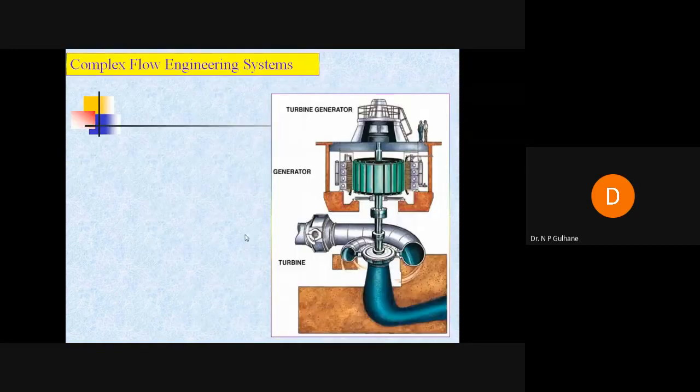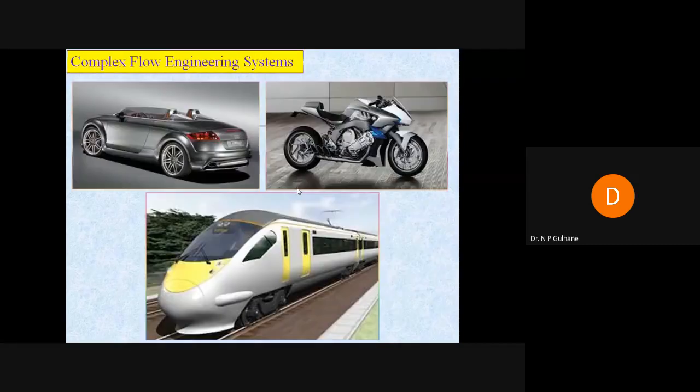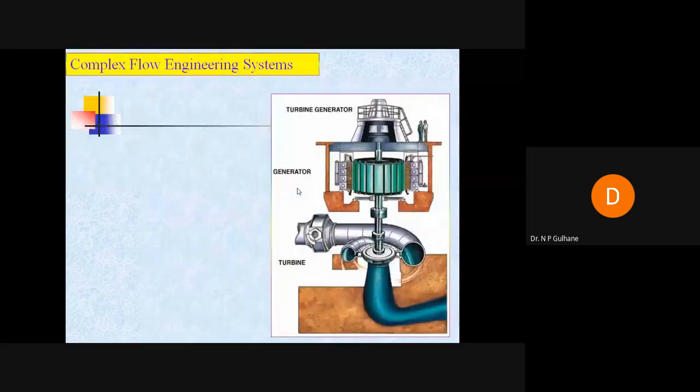In complex flow engineering systems, like a gas turbine, hydraulic turbine, or thermal power station, we can study the flow of steam, the flow of fluid in a minimum area with minimum friction, with minimum pressure drop, with enhancing heat transfer coefficient and Nusselt number, more heat transfer.